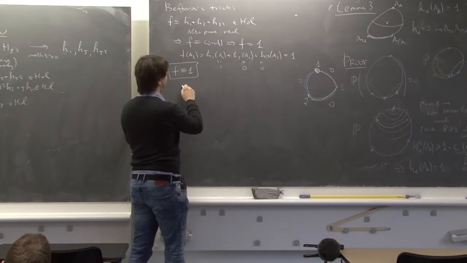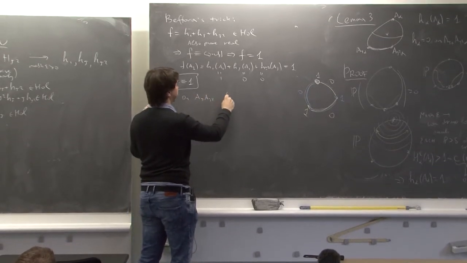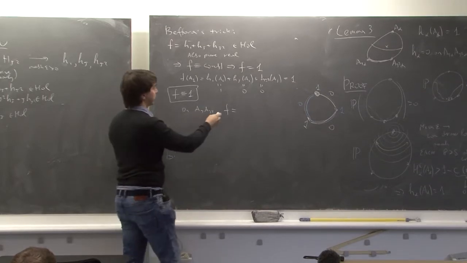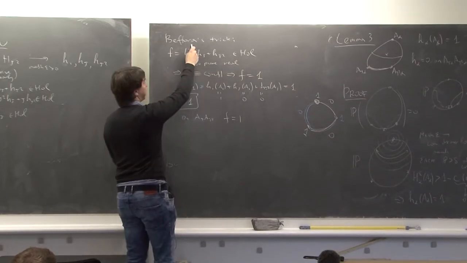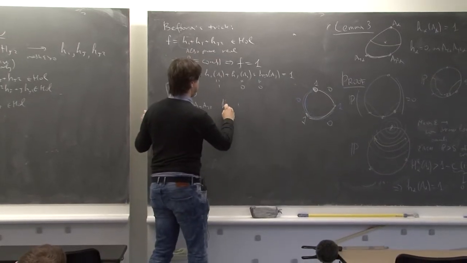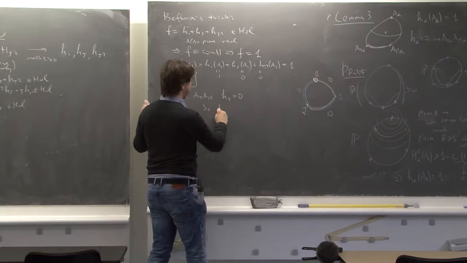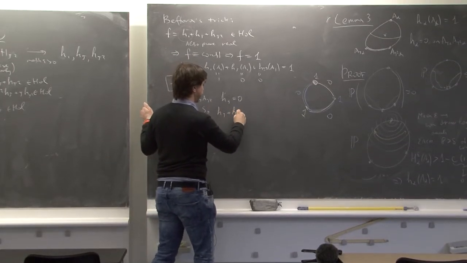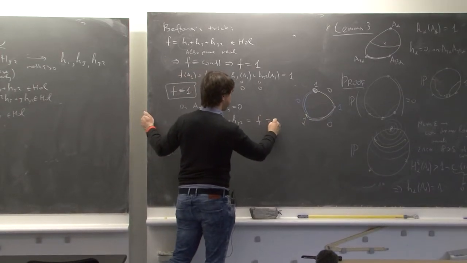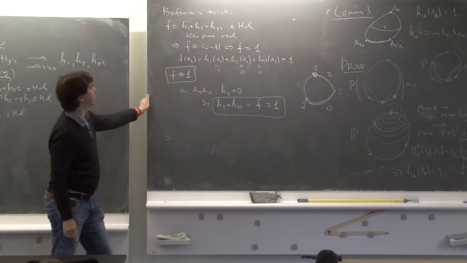Now f on arc a tau squared, f is equal to what? F is equal to 1, but h1 is equal to 0. So on this arc, h tau plus h tau squared is just equal to f, also is equal to 1. So we'll use it in a moment.